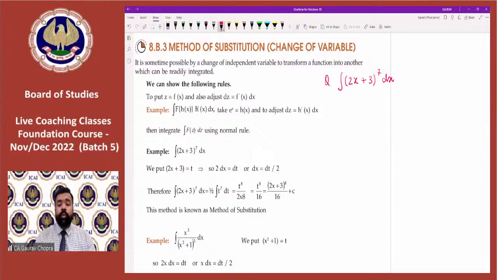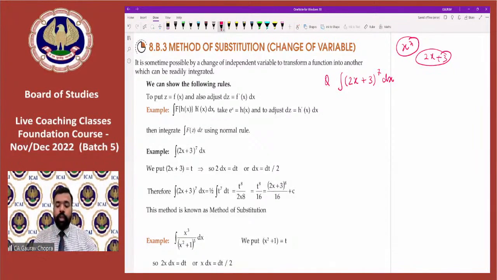The first function is x to the power of 7, that is anything to the power of n, which is the first formula we have to apply here. And then the second function here is 2x plus 3, so again we have to apply the formula here also. So there are two functions clubbed together.